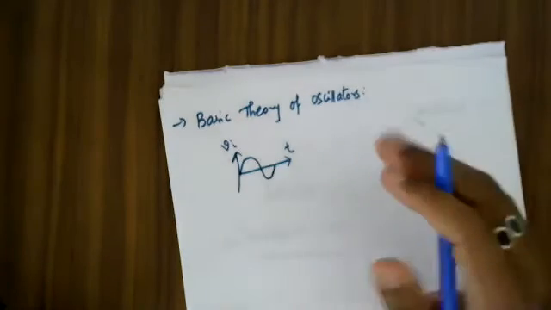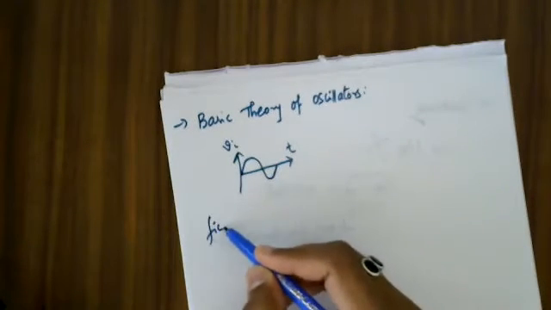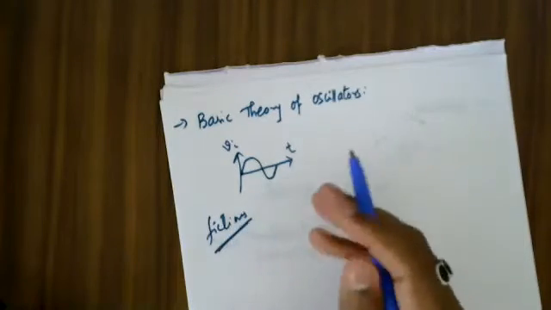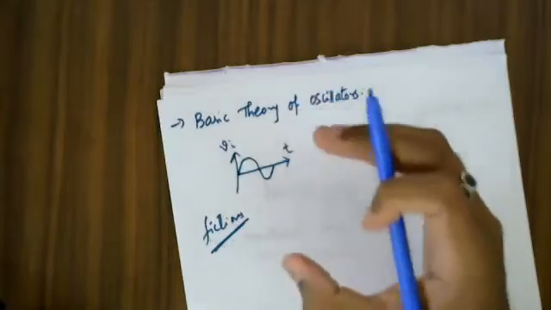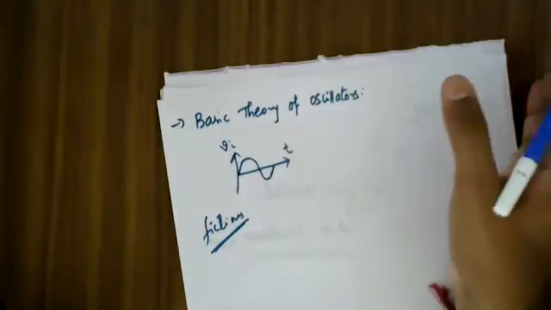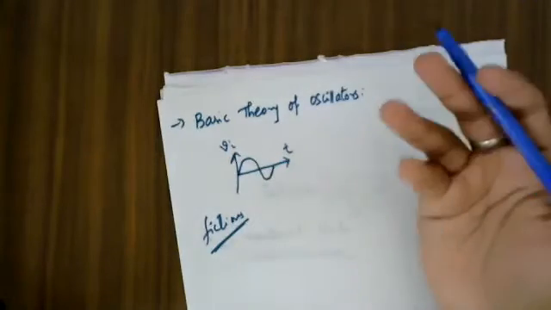Let me call this a fictitious input signal, which means it is imaginary. I don't have this input signal in real time. I'm just using it to make you understand the topic.